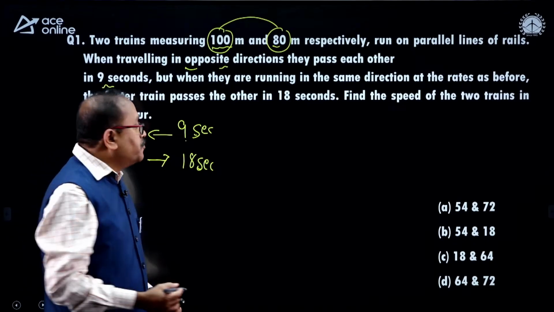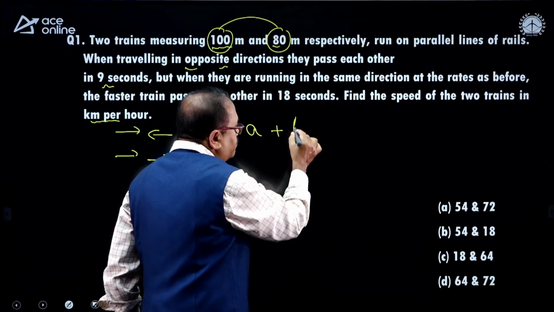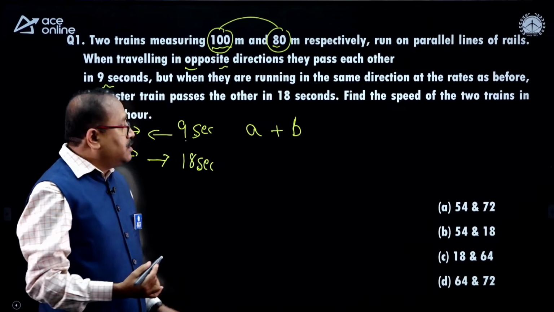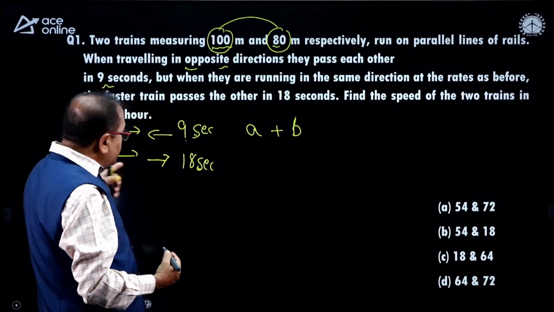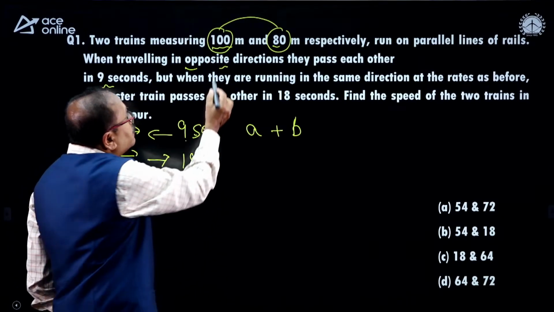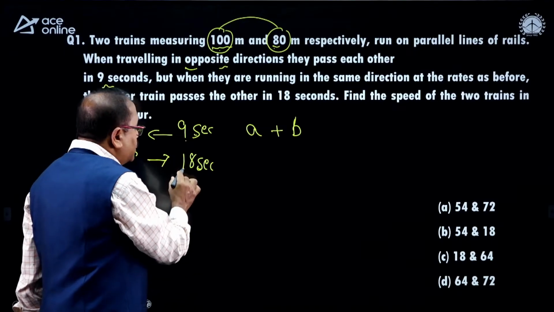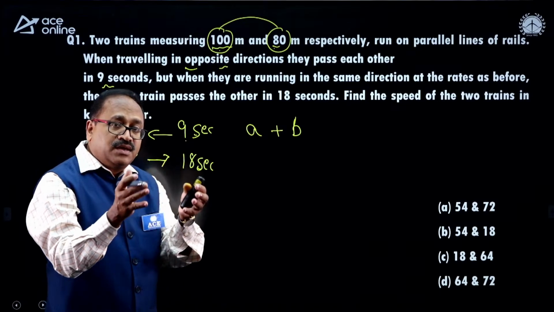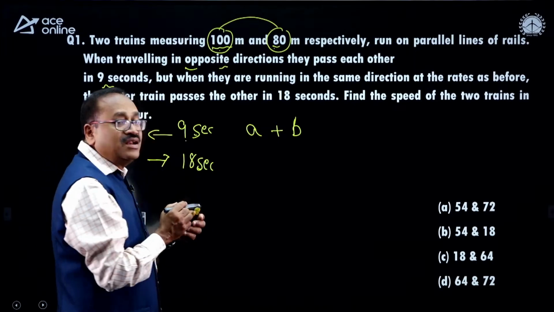That is in the form of A plus B, where A is assumed as the speed of the first one and B is assumed as the speed of the second one. When they are moving in the same direction, we know the distance is the same, 180, and the time taken to cross each other is 18 seconds. So what is the relative speed?